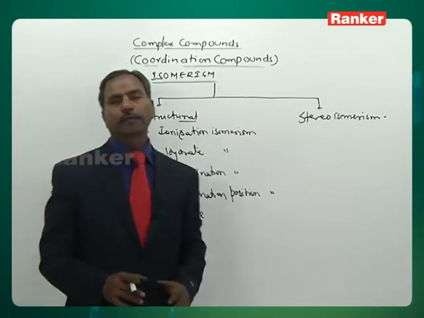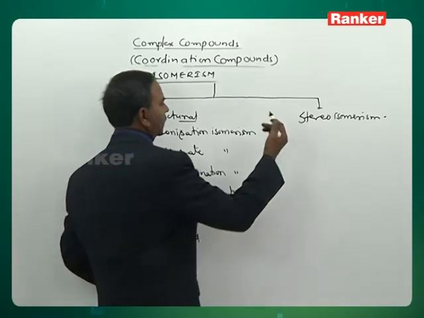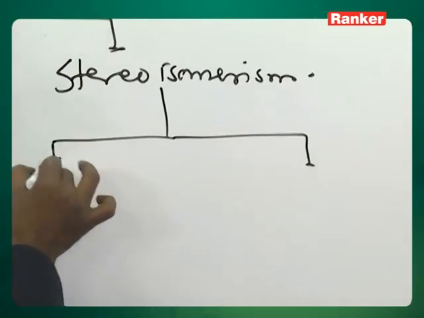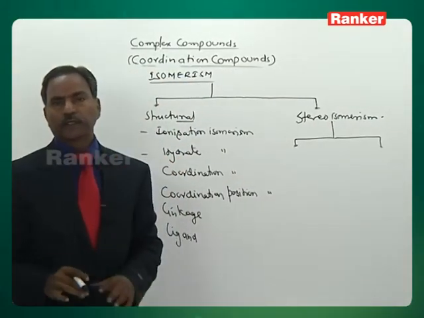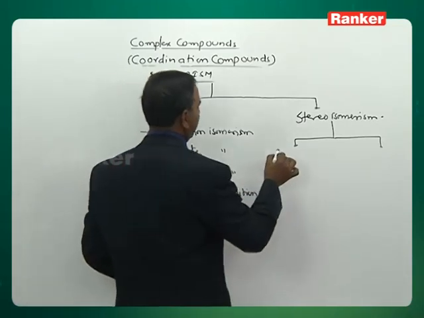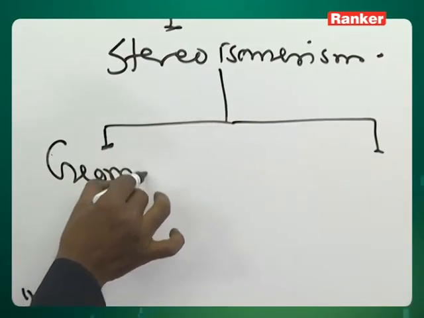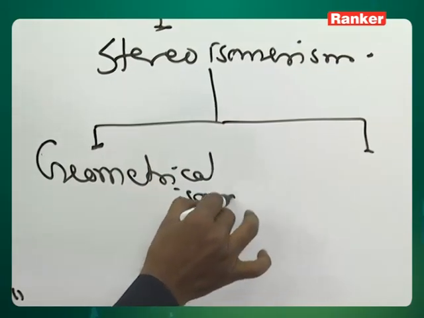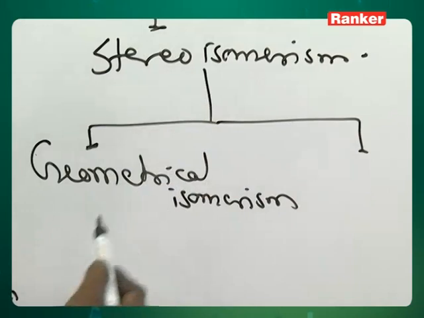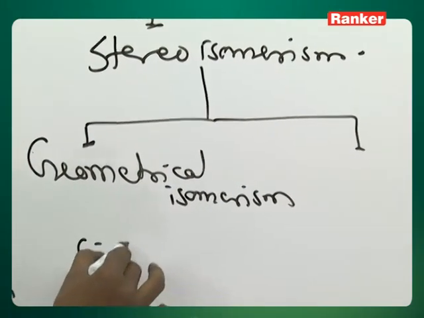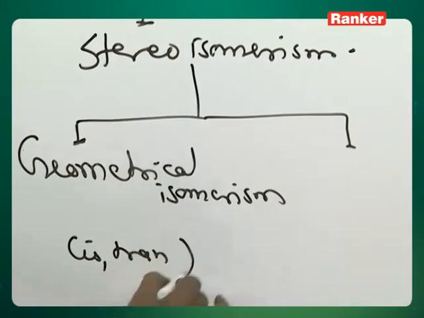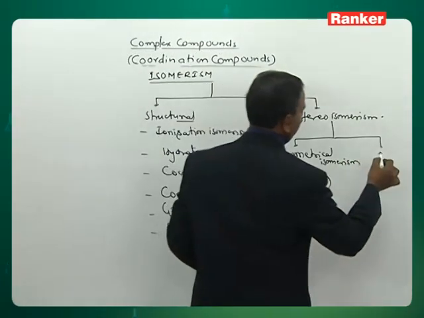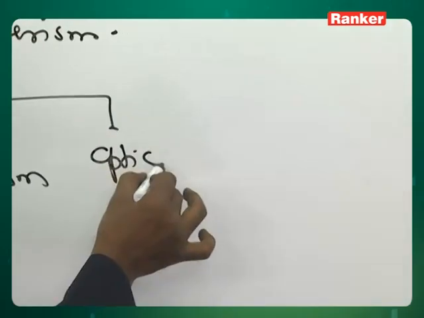Now let us see the types under stereoisomerism. Stereoisomerism is again classified into two types. One is geometrical isomerism, which we also call cis-trans isomerism. The next one is optical isomerism.